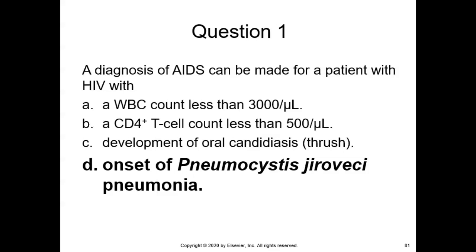AIDS is diagnosed when an HIV positive individual develops at least one of several criteria. So this could be the CD4 count less than 200, or opportunistic infections such as PCP. Candidiasis infection must be of the bronchi, the trachea, and the lungs or the esophagus, not only in the mouth. So that's your rationale there.